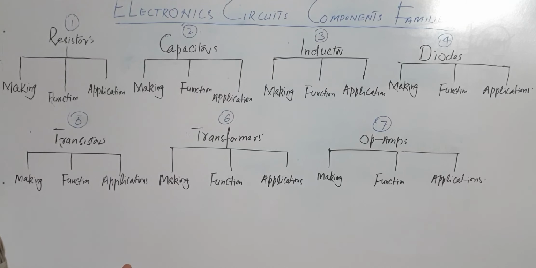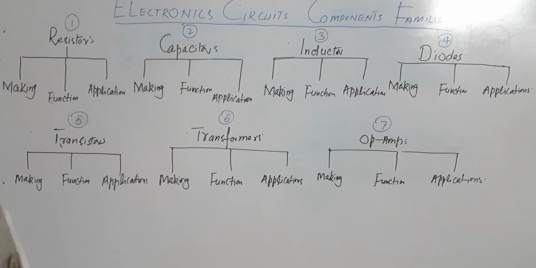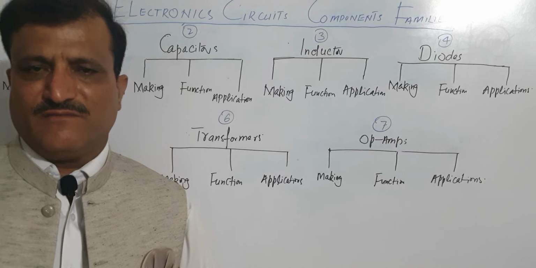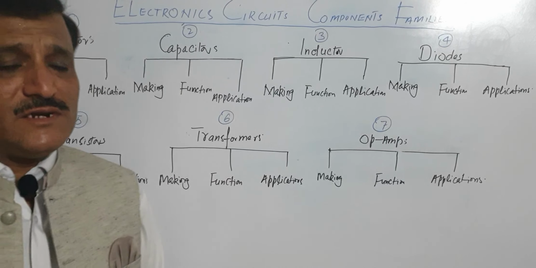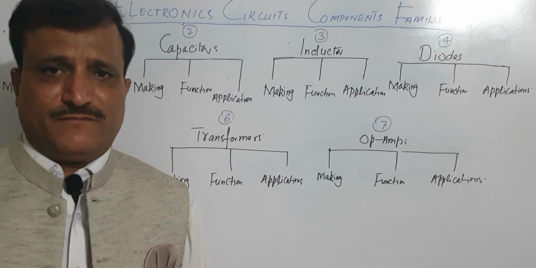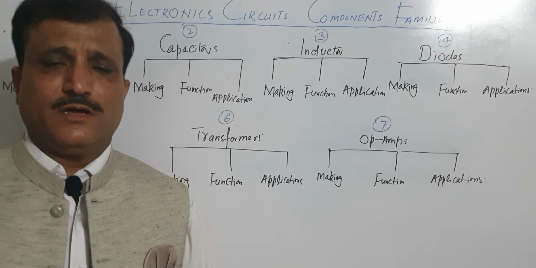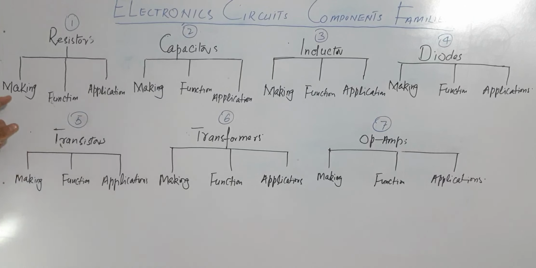If we talk about the wire wound resistor, the making of that resistor will be different. If we talk about the carbon resistor, the making of the carbon resistor will be different. And if we talk about solid state resistors, the fabrication of that type of resistor will be totally different.